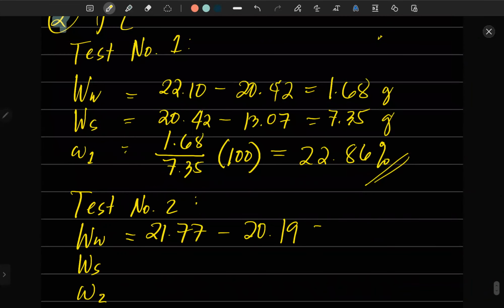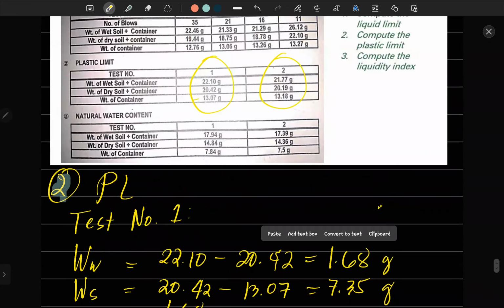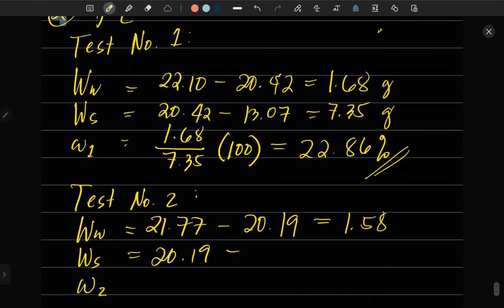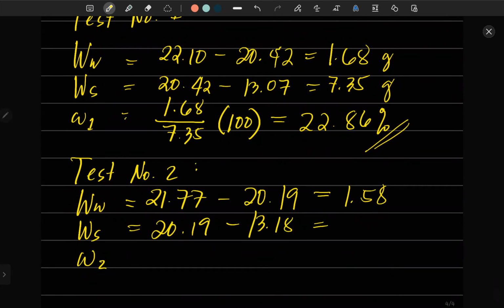So this yields 1.58. And then for the weight of the dry soil, we have 20.19 minus the weight of the container, that is 13.18. So the value is 7.01.